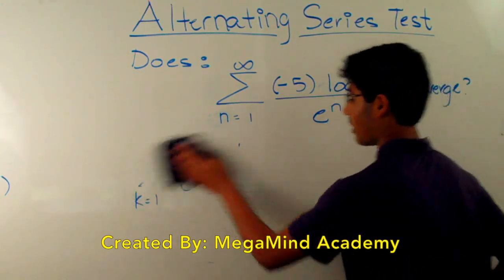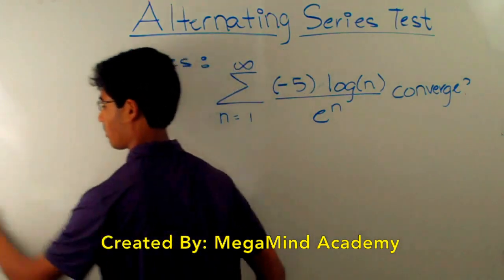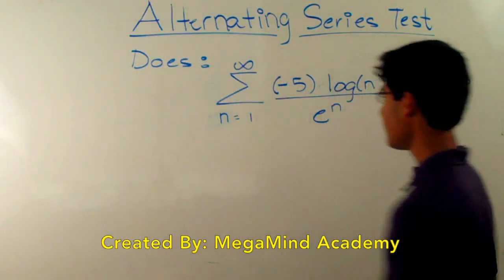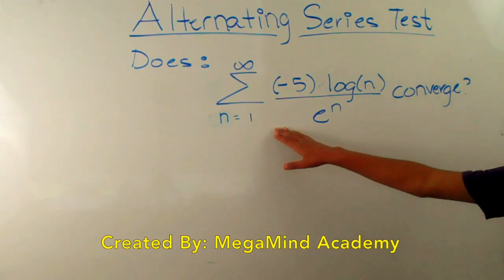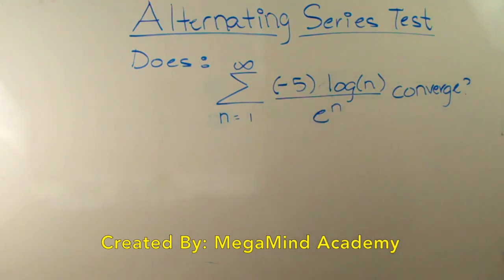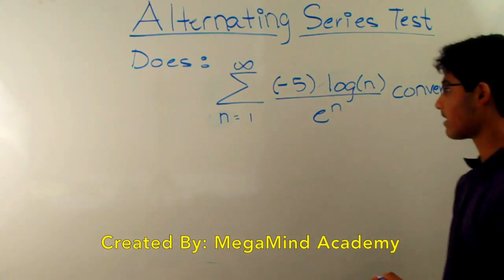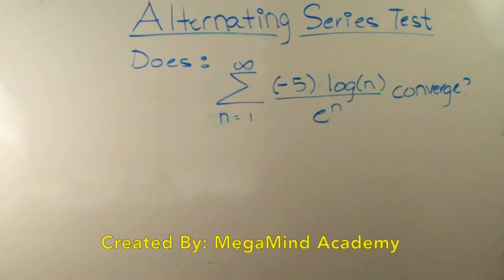So now we have this problem here. We have the series n equals 1 to infinity of -5 log of n over e to the n power, and we have to see if this converges or diverges. So let's isolate this a sub k part.